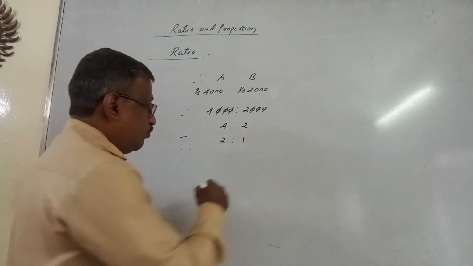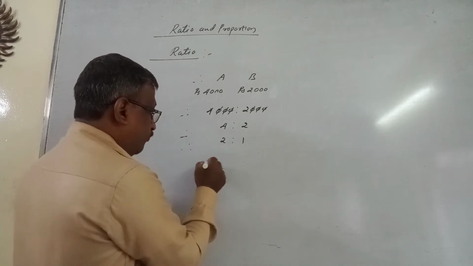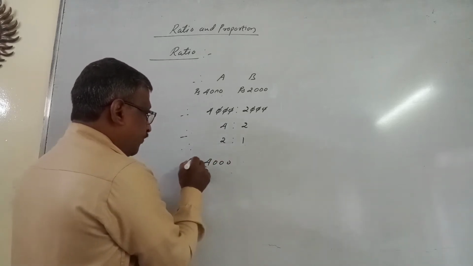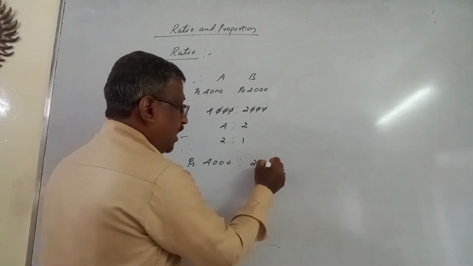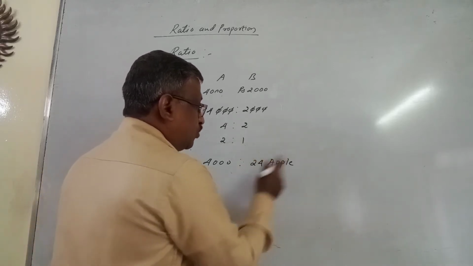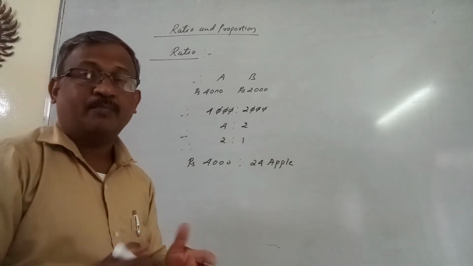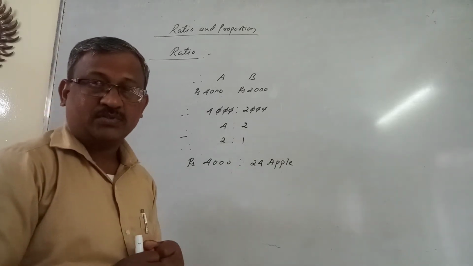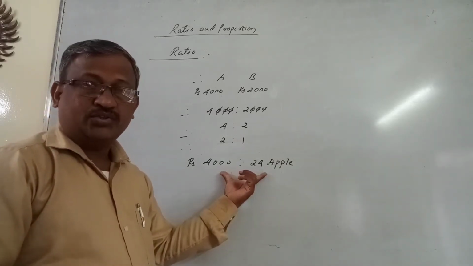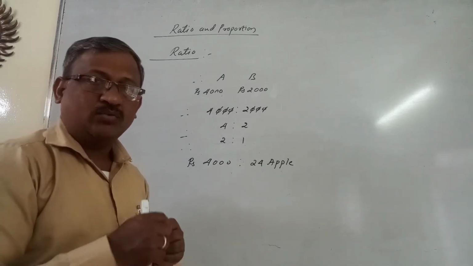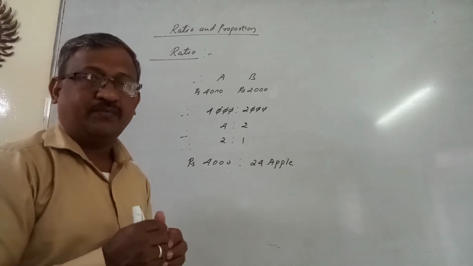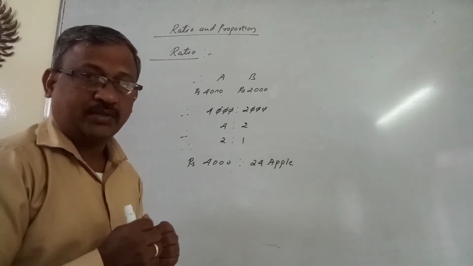For example, if you go to compare 4,000 rupees with 24 apples, we cannot call it a ratio. We cannot compare rupees with apples. Both things should be of the same kind, of the same nature. Then only we can calculate the ratio, or compare those two things.